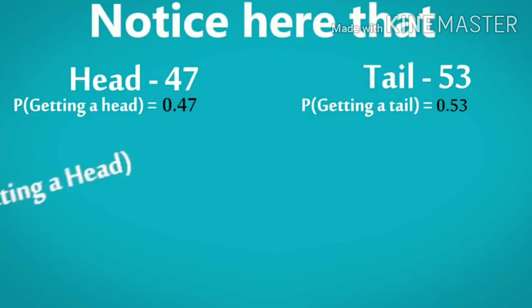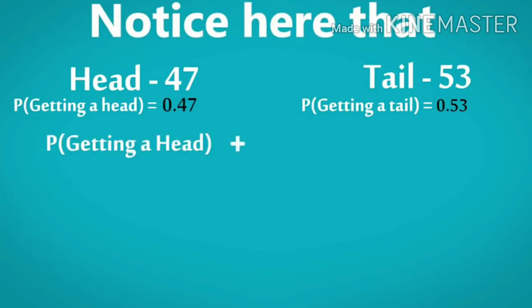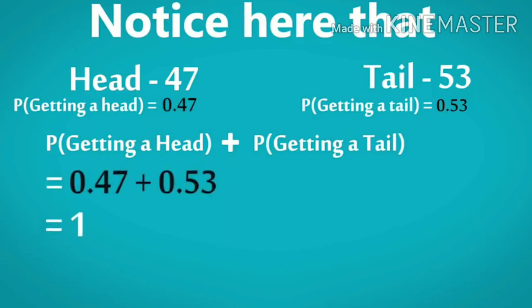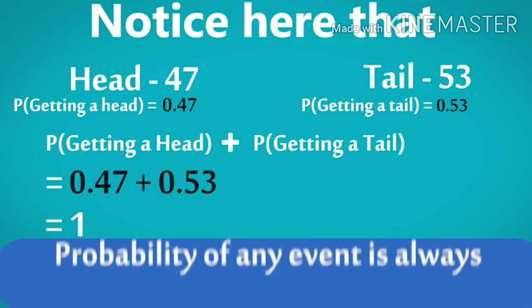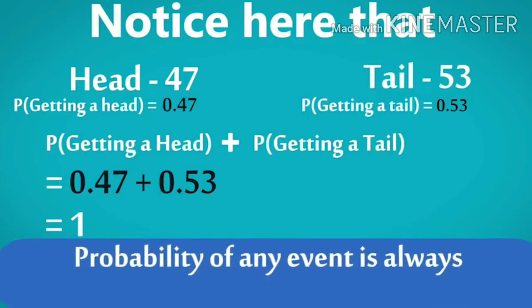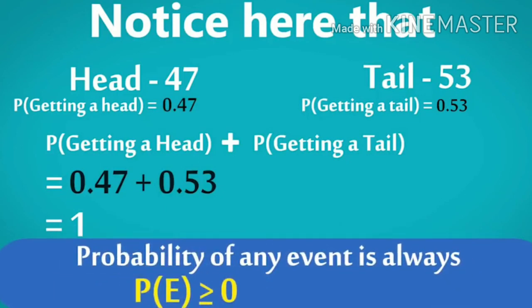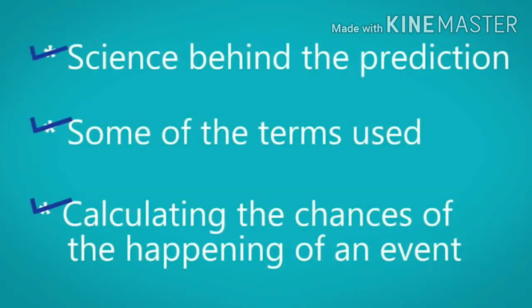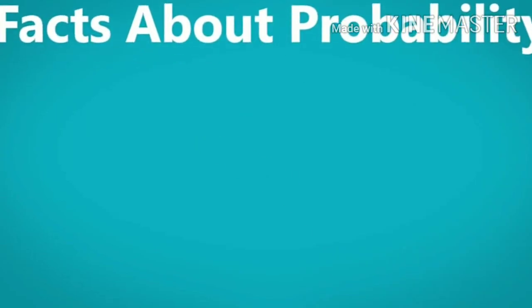Notice that the probability of getting a head plus getting a tail, 0.47 plus 0.53, is equal to 1. So the probability of any event is always greater than or equal to 0 but less than or equal to 1. It is calculating the chances of the happening of an event.